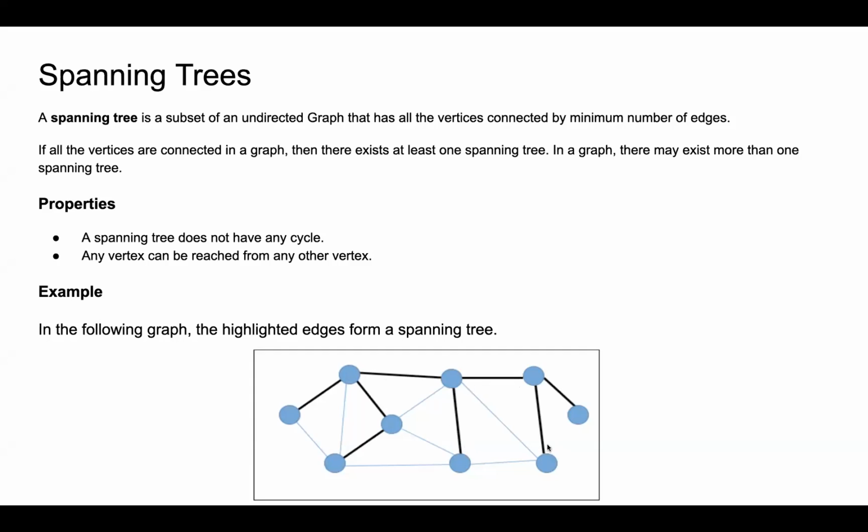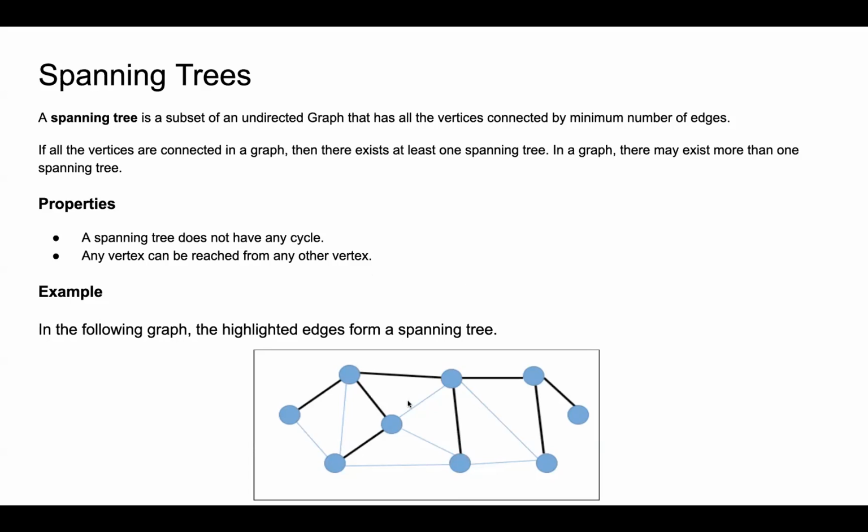For this vertex to be connected to this vertex, we go here, then here, then here, and then here. Like this. So any vertex can be reached from any other vertex, as we can see in this diagram example.